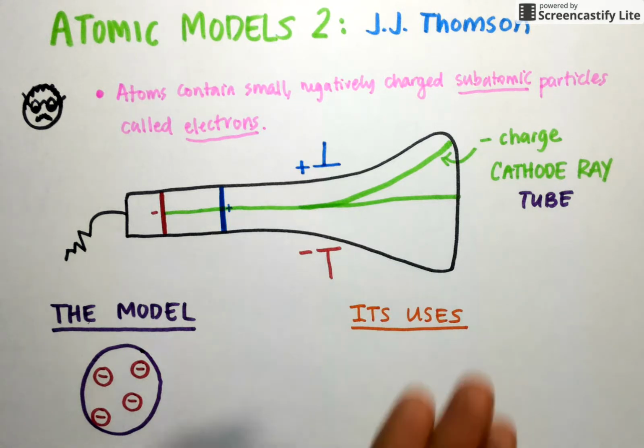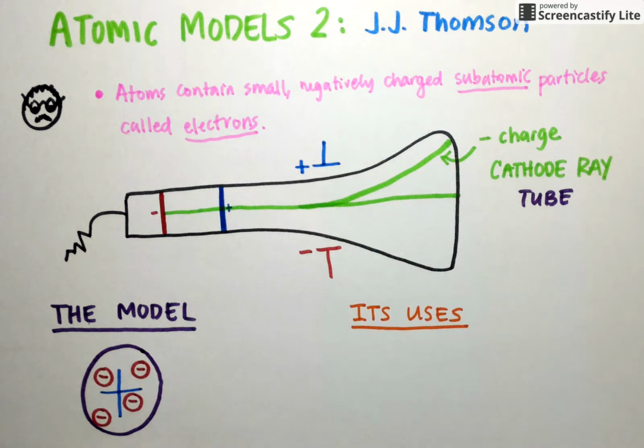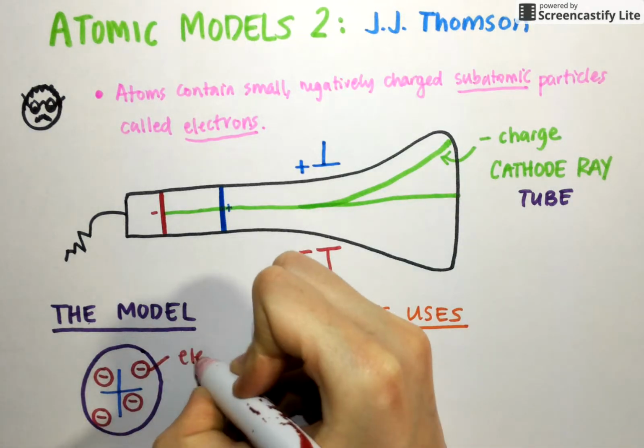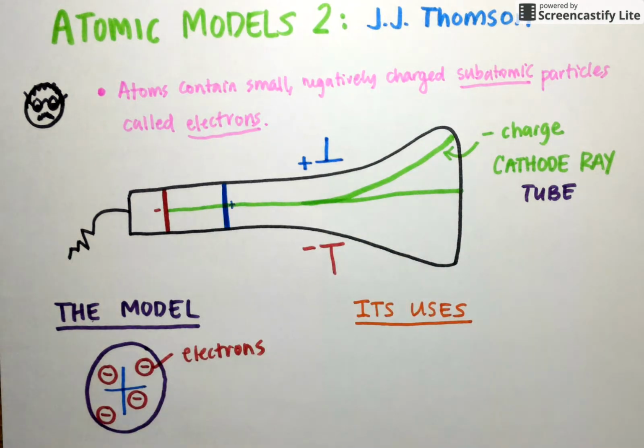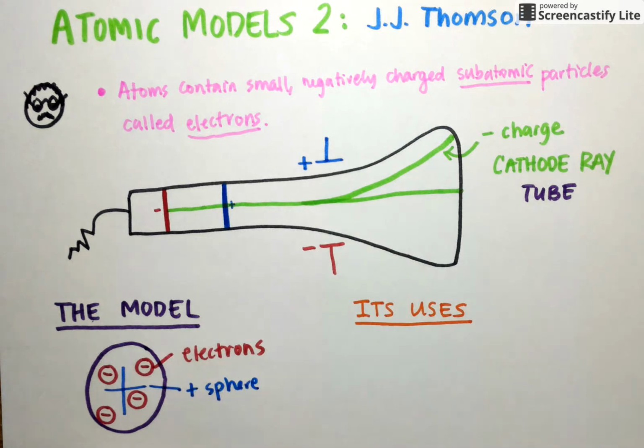What that told him is whatever this beam is made of, it must be attracted to positive charge. So that means this thing itself must have a negative charge. And since everything is made of atoms, that must mean there's this part in the atom that has a negative charge. So we're actually going to start breaking down that indivisible sphere into smaller pieces, subatomic particles.